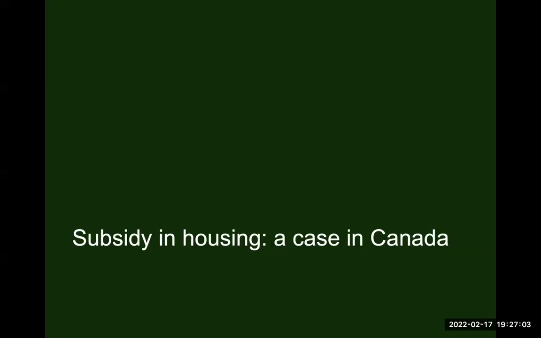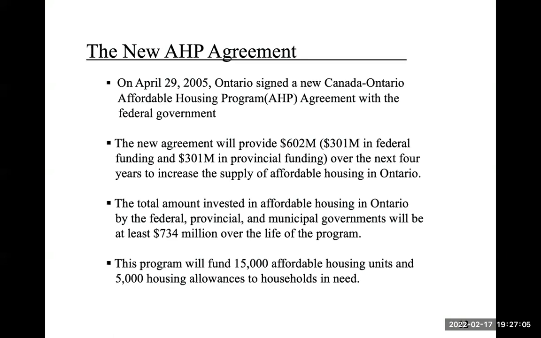Let's give you an example from Canada. The new agreement on April 29, Ontario signed a new Canada-Ontario Affordable Housing Program agreement with the federal government. This new agreement would provide $602 million over the next 4 years to increase the supply of affordable housing in Ontario.